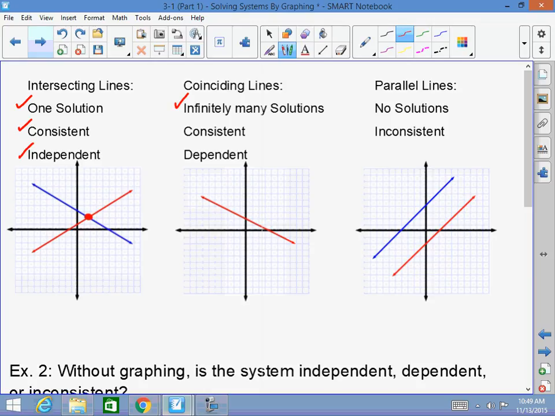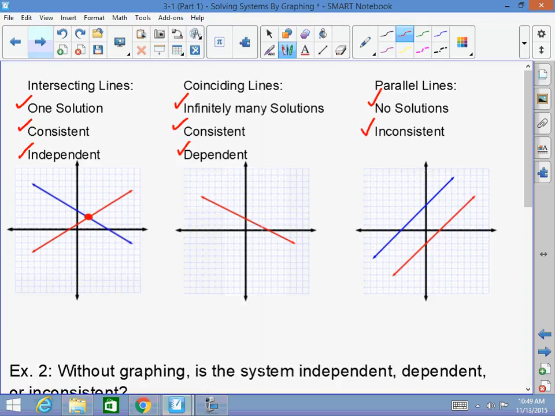It is still consistent, but it is consistent dependent. The line is itself. That means that both lines have the same slope and they have the same y-intercept. If you have parallel lines, that means you have no solution because parallel lines have equal slopes. They never intersect, and it is called inconsistent.